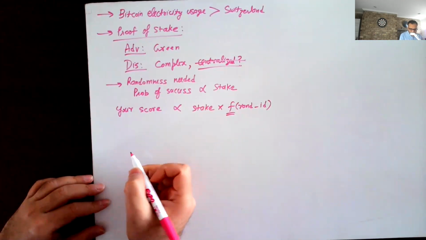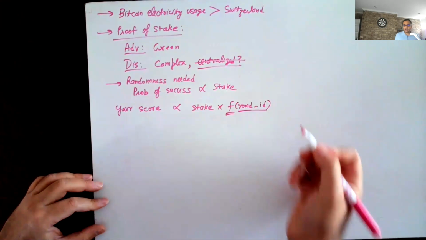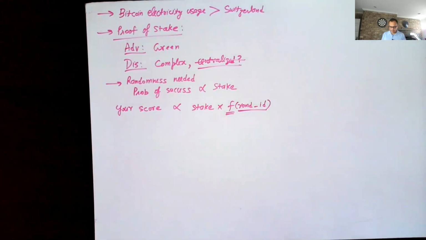Now the question is, how does one select this random ID? This random ID is of course different for different parties. It depends on your public key.